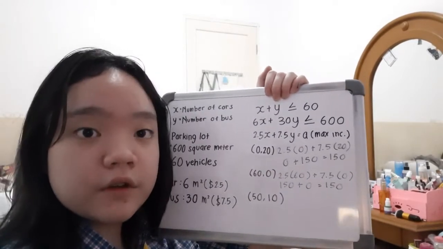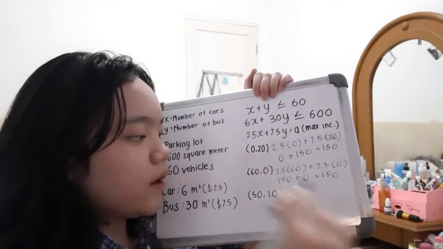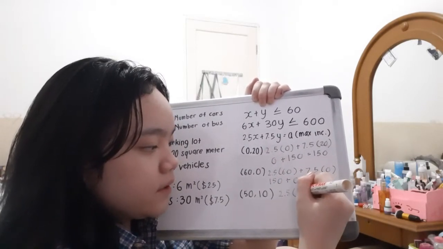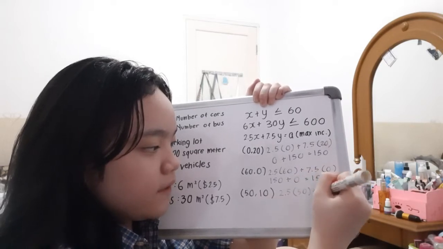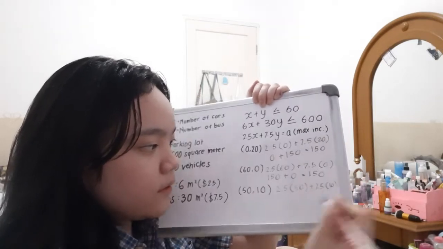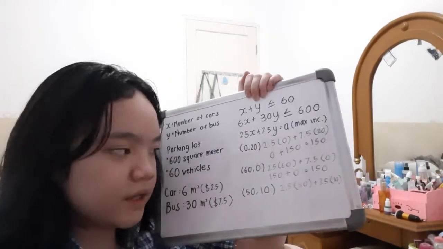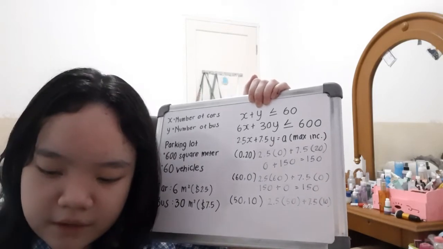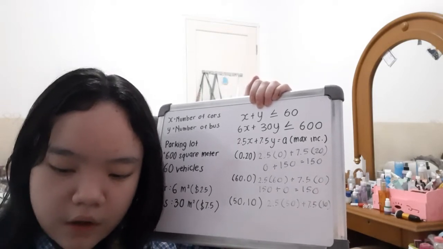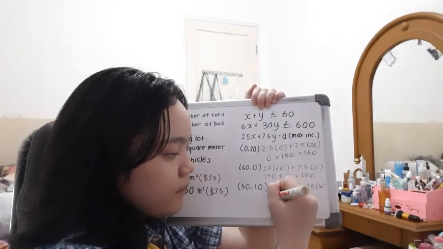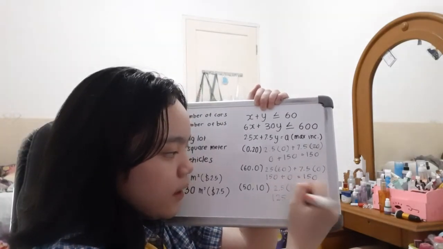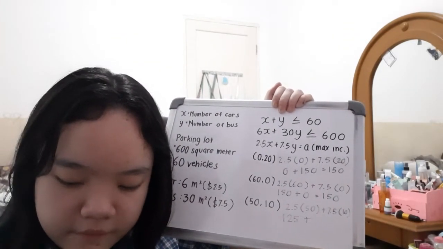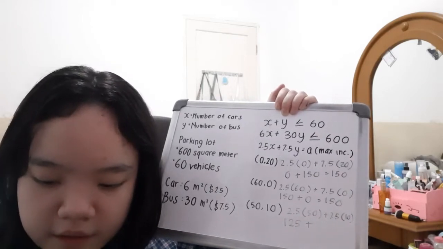Now let's move on to the last one, which is 50,10. So 2.5 times 50 plus 7.5 times 10. 2.5 times 50 will be 125, plus 7.5 times 10, which is 75.